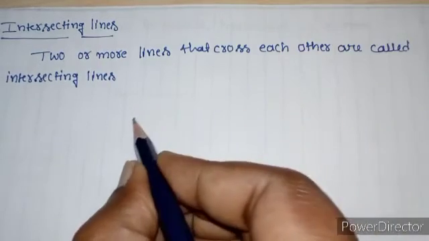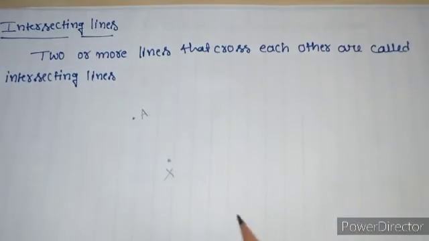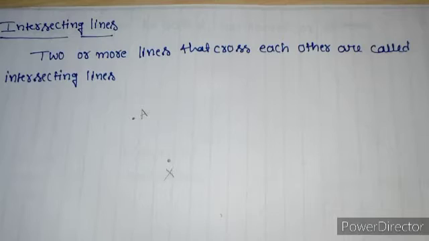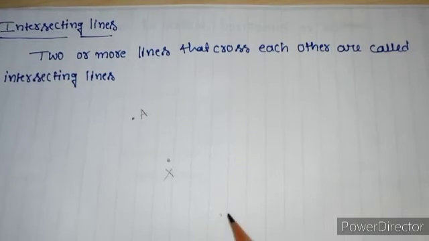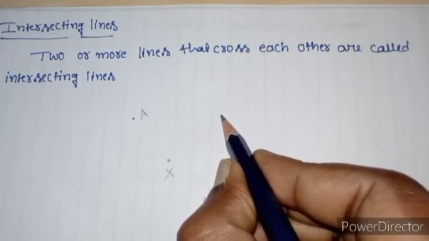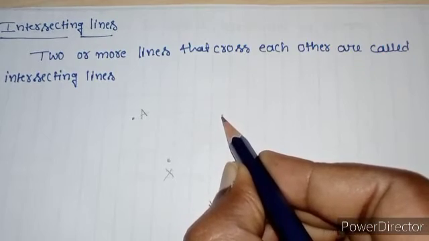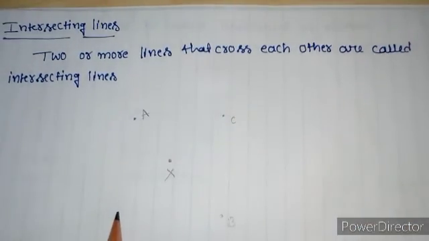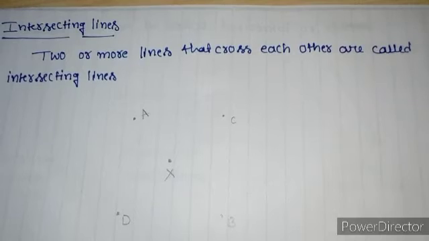I am going to give name to this point, A point, and I am going to draw another point here. I am going to give name to this point, B point, and I am going to draw here one point. I am going to give name to this point, C point. I am going to draw here one point. I am going to give name to this point, D point.